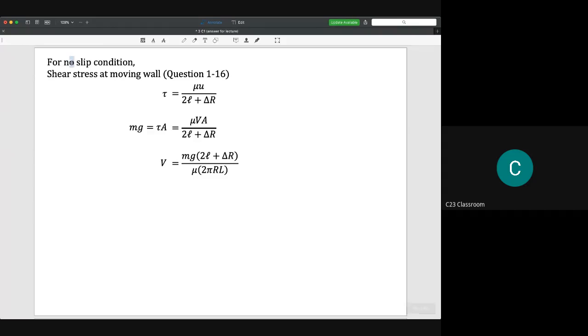For the slip condition, we calculate the shear stress previously from question 1.16. So we just substitute the value of tau here, and then we could get the velocity of the cylinder falling into the hollow cylinder by using this equation.